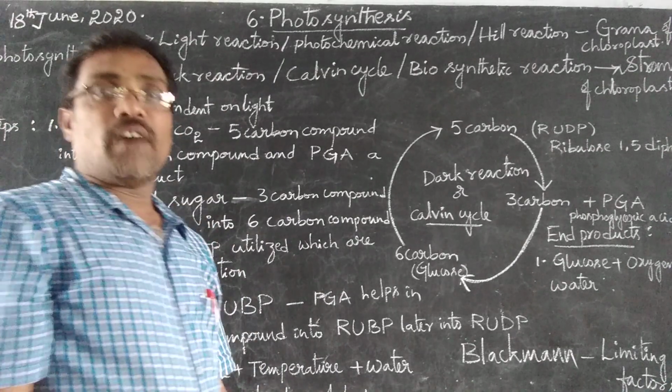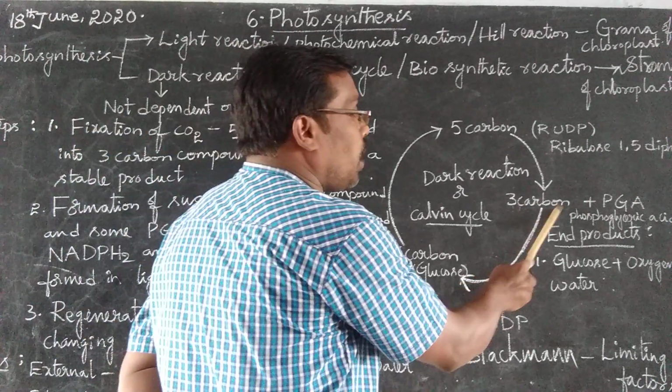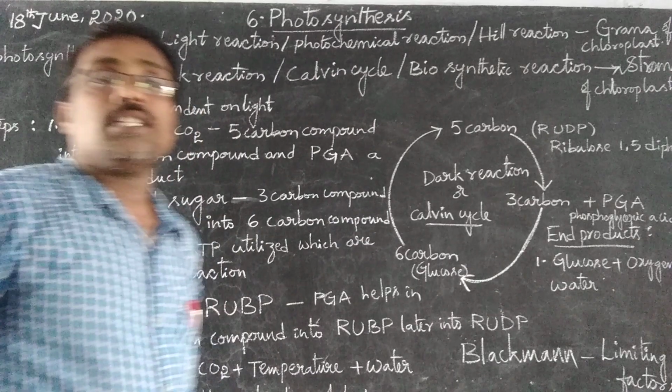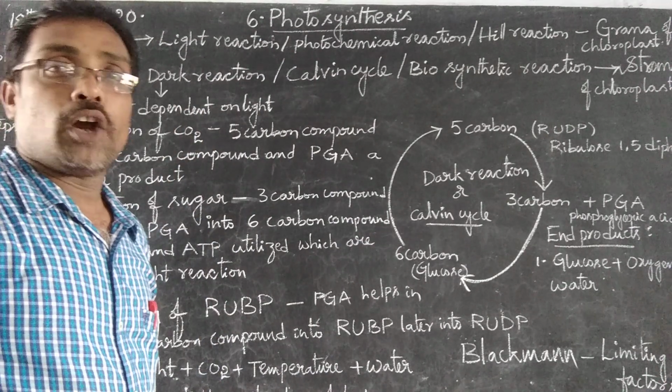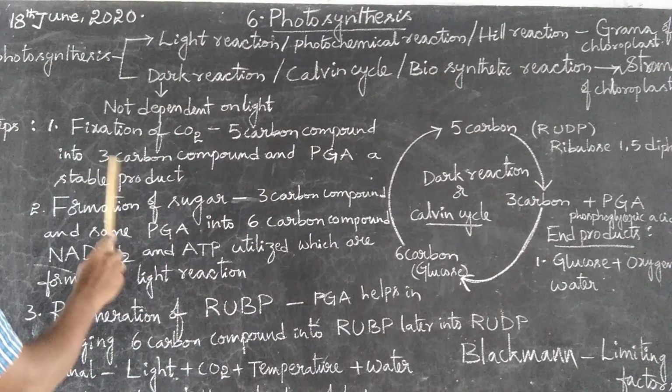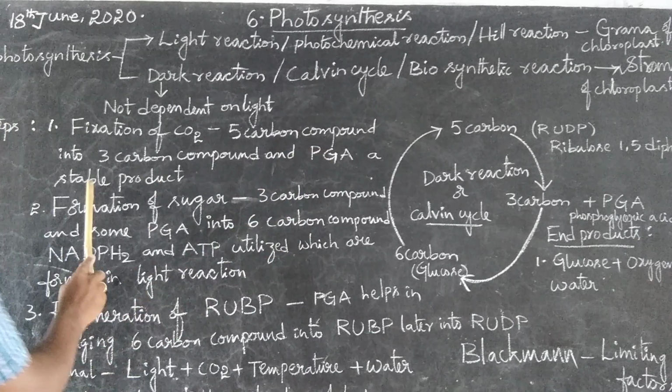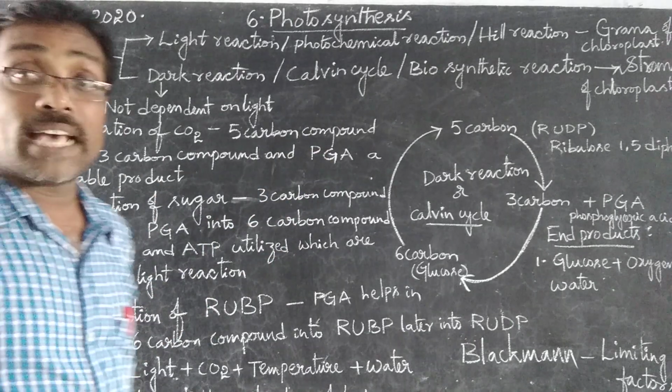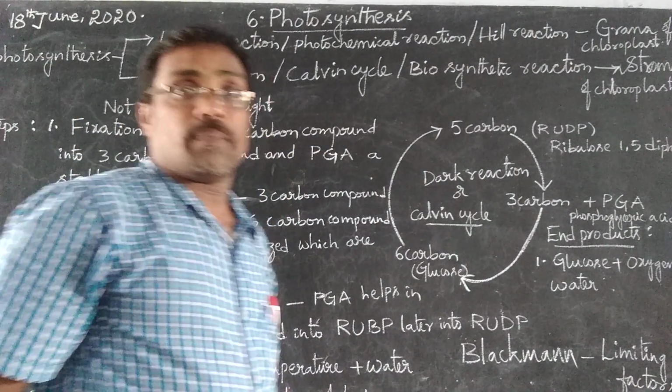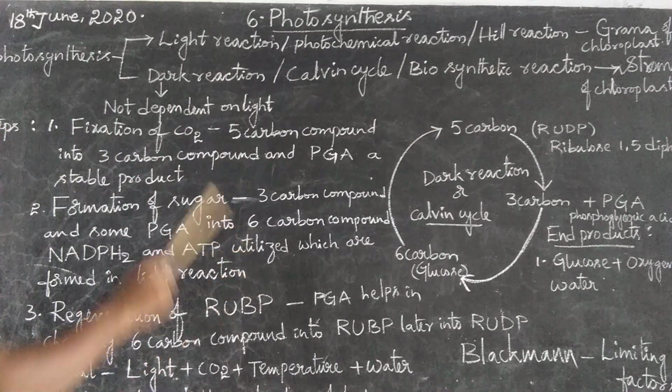The 5 carbon compound has been converted into a 3 carbon compound and PGA. That PGA, phosphoglyceric acid, is a stable product. That is the first step.